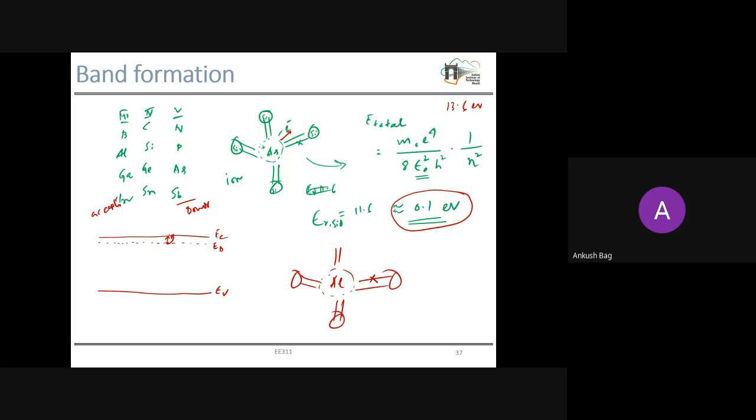That means this aluminum has 3 outermost electrons. Those 3 outermost electrons with the 3 neighboring atoms complete the covalent bonds, but with one silicon atom there will be a vacancy. Let me complete this diagram, then it will be easier.